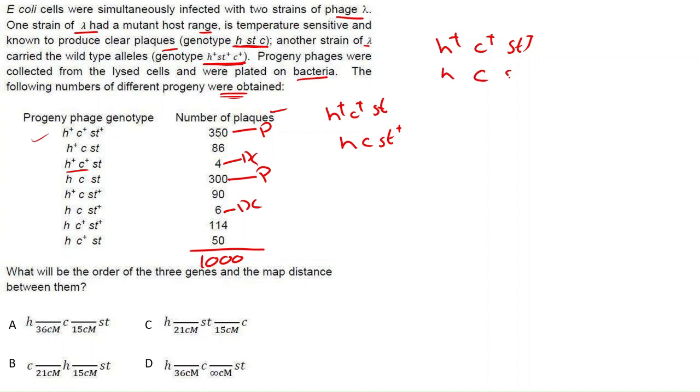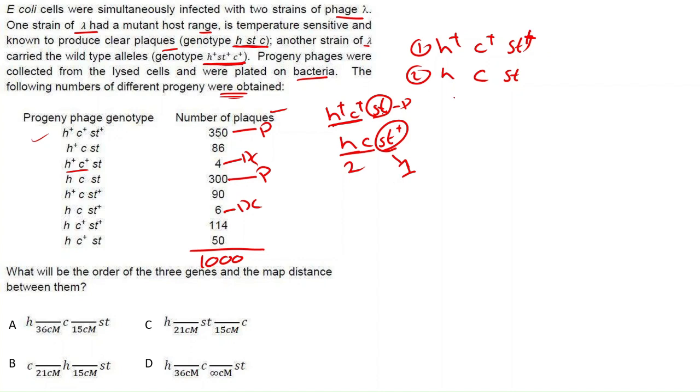One more parent, H C ST. In the double recombinant product, two alleles will be from one parent and one allele will be from the other parent. See here, H plus C plus from one, ST from the other. If I say H plus is parent 1, this is parent 2. So H plus C plus from parent 1, ST from parent 2. Similarly here, H and C from parent 2 and ST from parent 1.